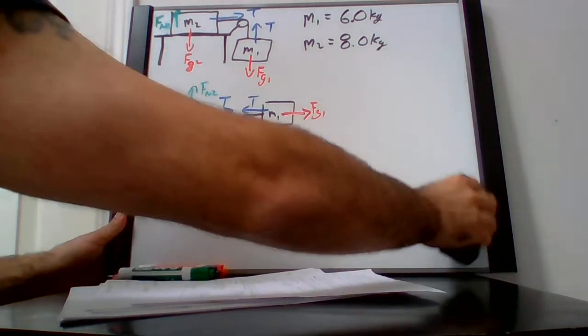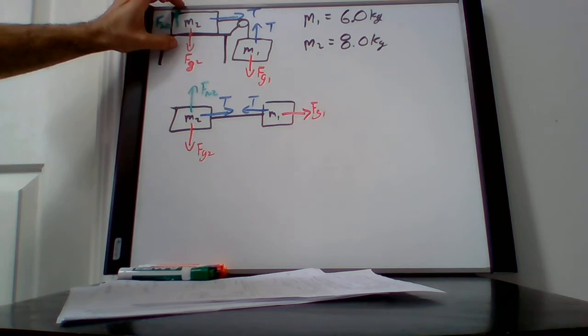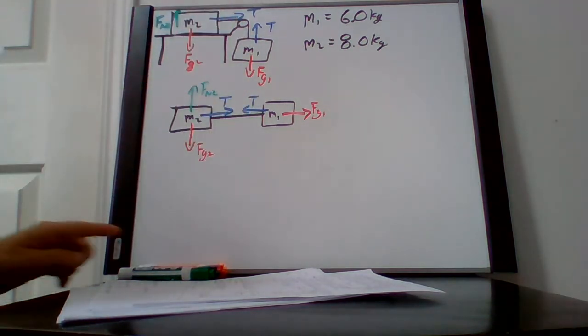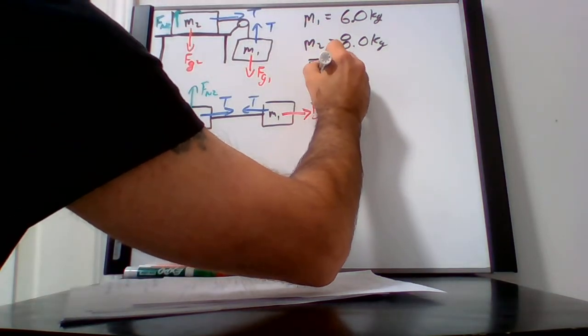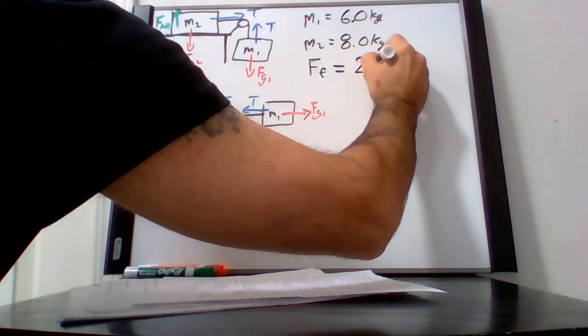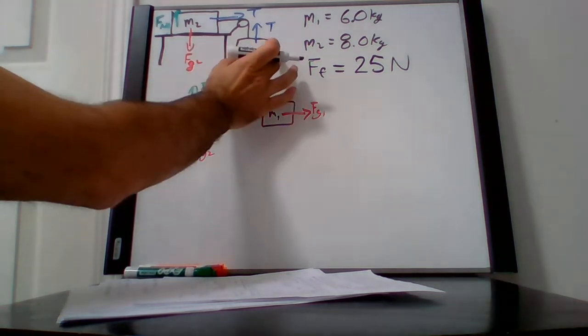For our next example, we're going to use the exact same system, where we have our 8 kilogram mass sitting on the table, we have our 6 kilogram mass sliding down, but what's different here is we now have a force of friction that is equal to 25 newtons. There's no friction happening on mass 1.